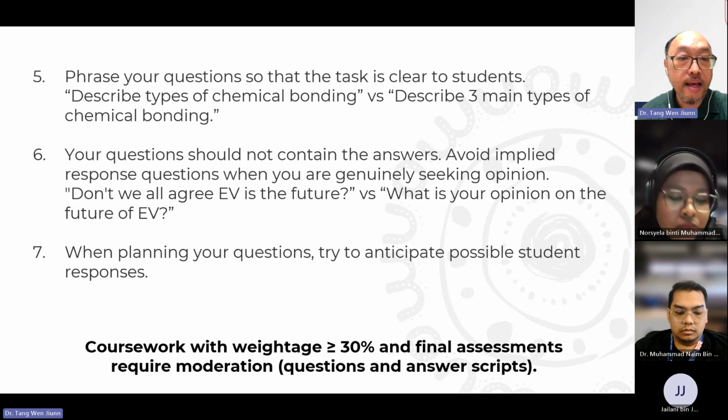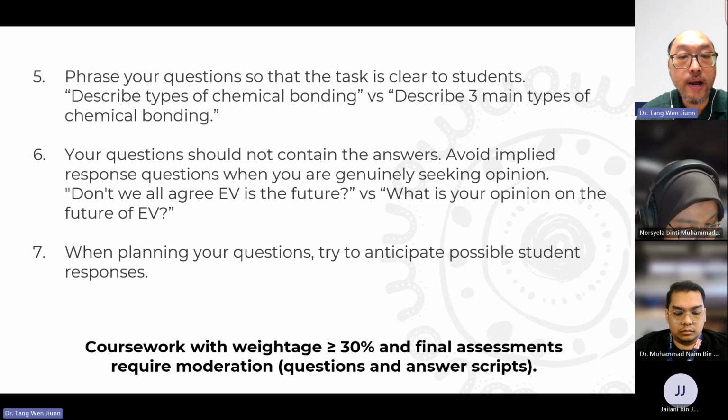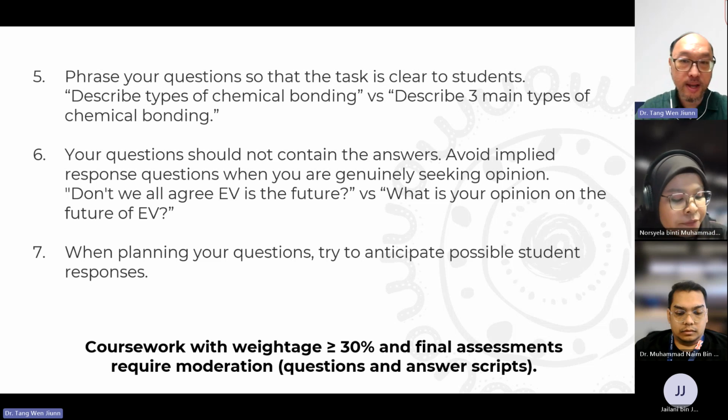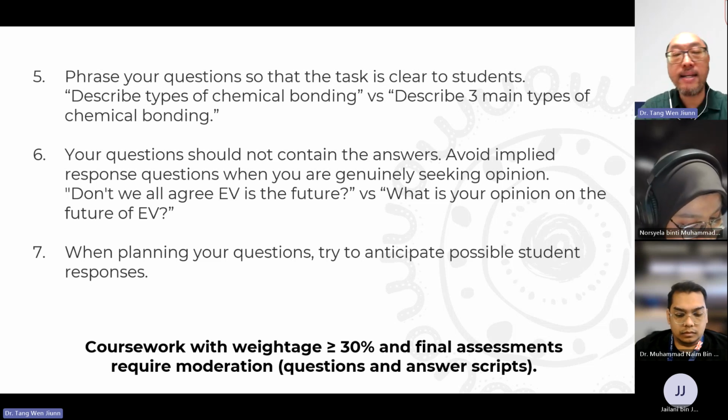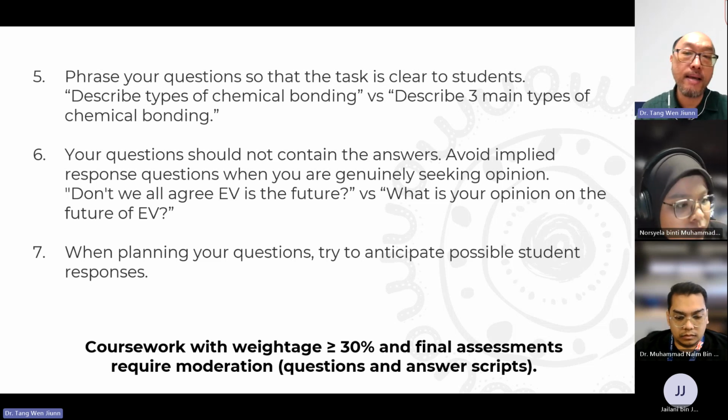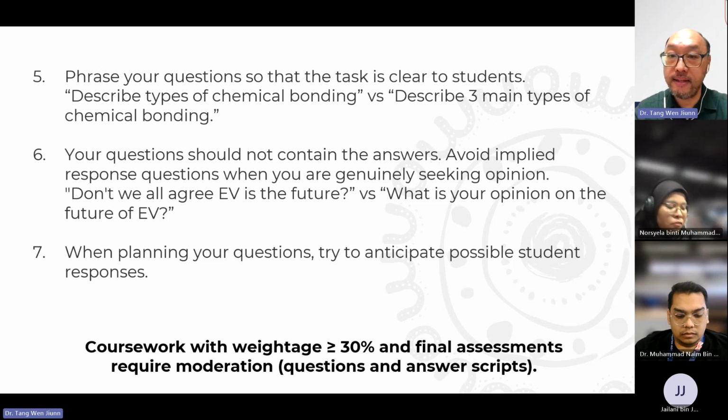And 7, this part is also another important thing. When planning the questions, try to anticipate possible students' responses. Sometimes, when we have been looking at the materials too many times, we take things for granted. When we ask the questions, we say, oh no, this is the answer.